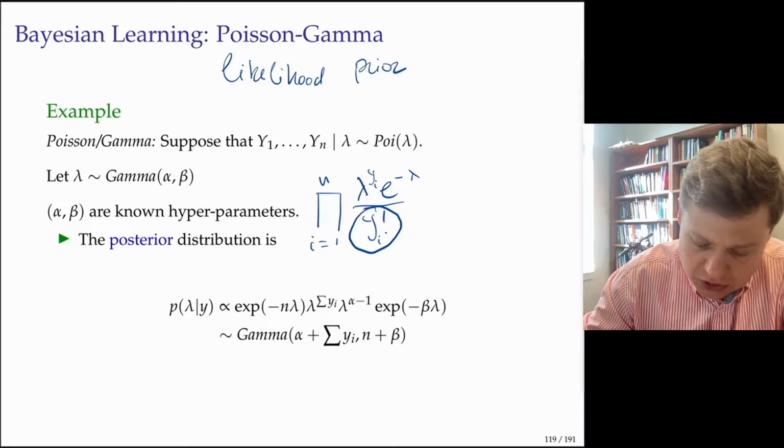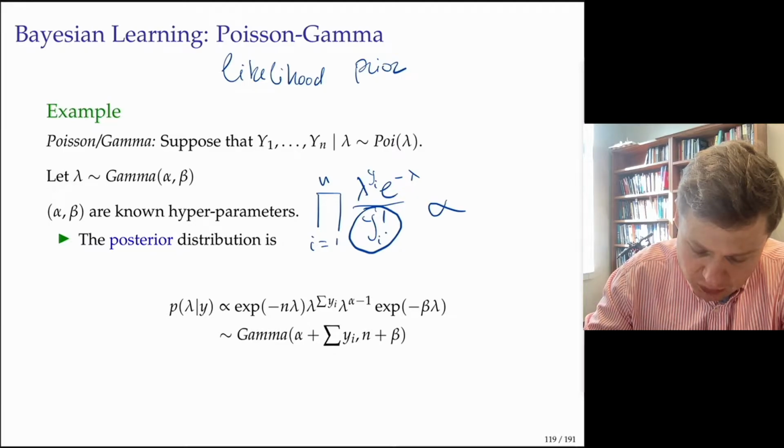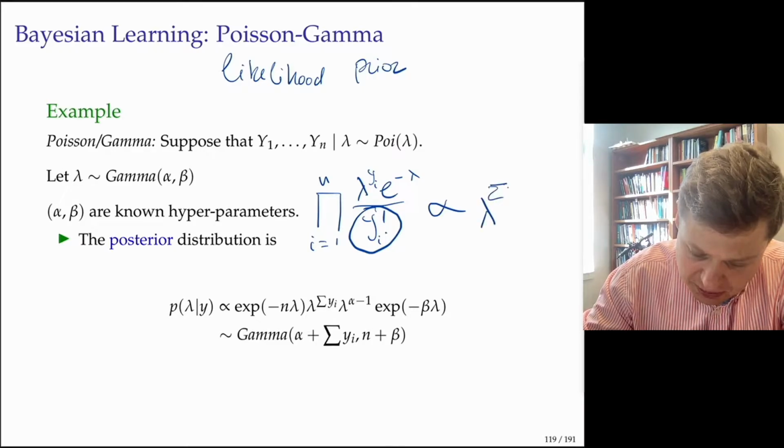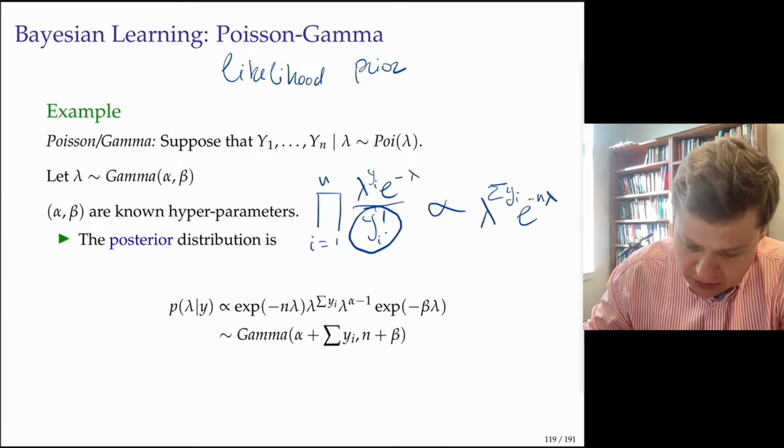The factorial, we're just going to ignore it, and we're just going to say proportional to. And at the top, what you'll have is a product. So you're going to have lambda, and then the product becomes a sum of yi's. And then the product of e to the power negative lambda just gives us e to the power negative n lambda. And then, of course, you have this bottom part, which we ignore as a constant.